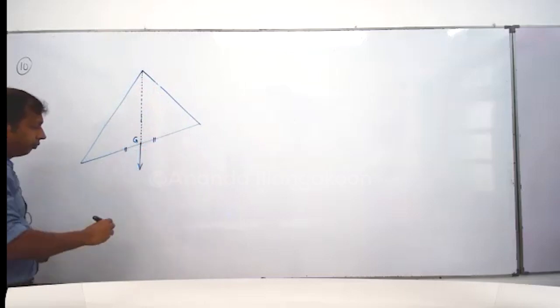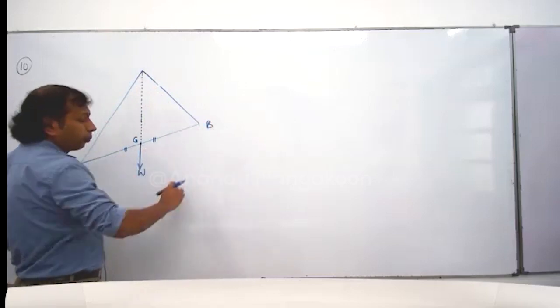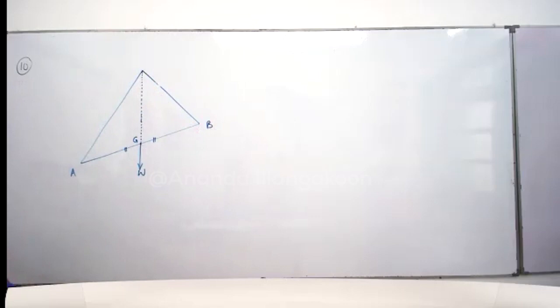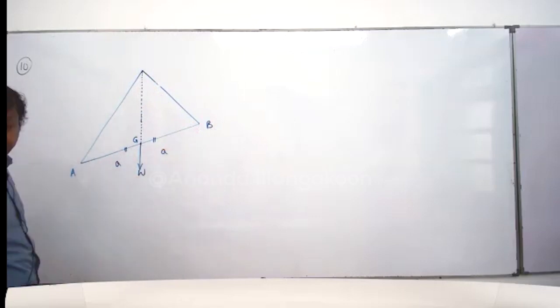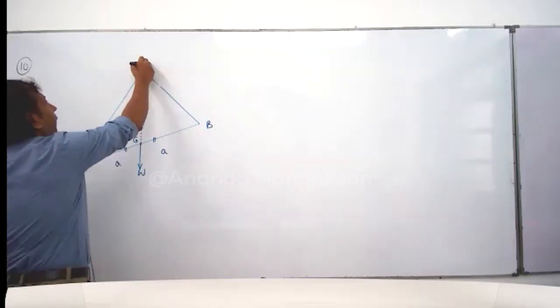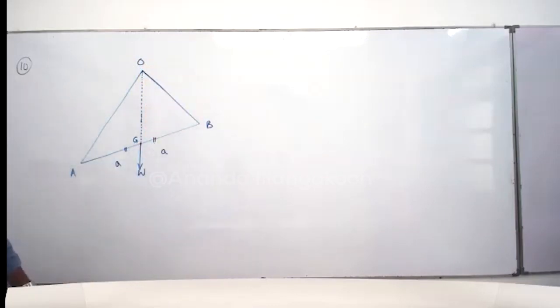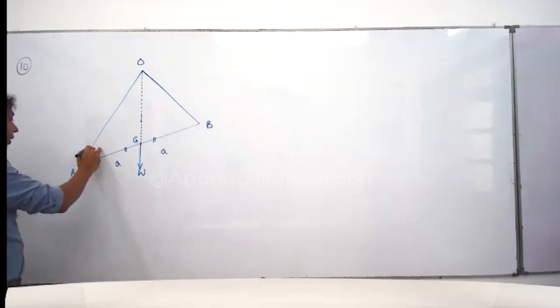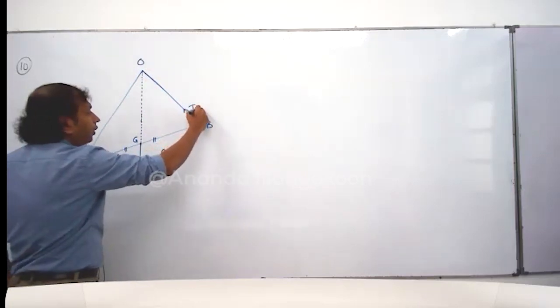Suppose the rod is AB, a uniform rod AB of length 2a. The center of gravity is the midpoint, weight W, suspended from a fixed point O by two light inextensible strings OA and OB. I'll take this as tension T1, and here T2.